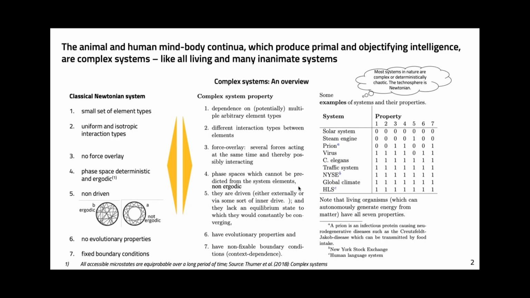Because the animal and the human mind-body continua, which produce intelligence, are complex systems. Even primal intelligence, the intelligence of a bird or a non-human mammalian animal, gets produced by a complex system.